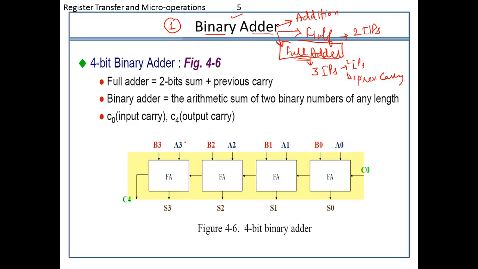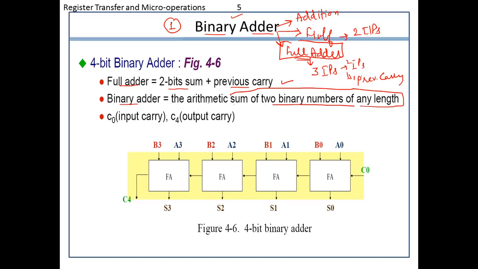What will happen in this case? In the case of a full adder, I need the 2-bit sum plus a previous carry. I have already discussed this point with you. In the binary adder, we have the arithmetic sum of two binary numbers of any length.